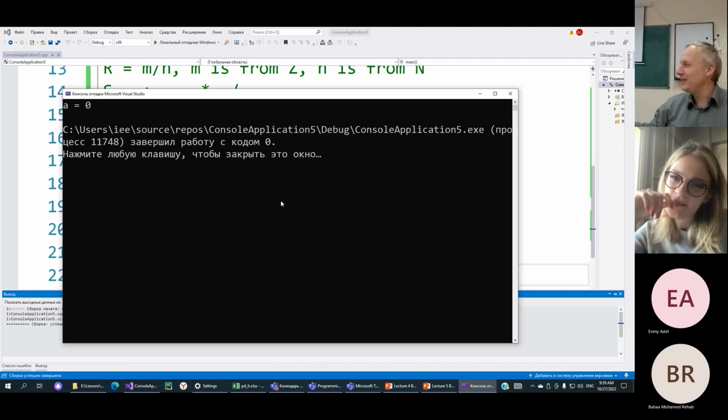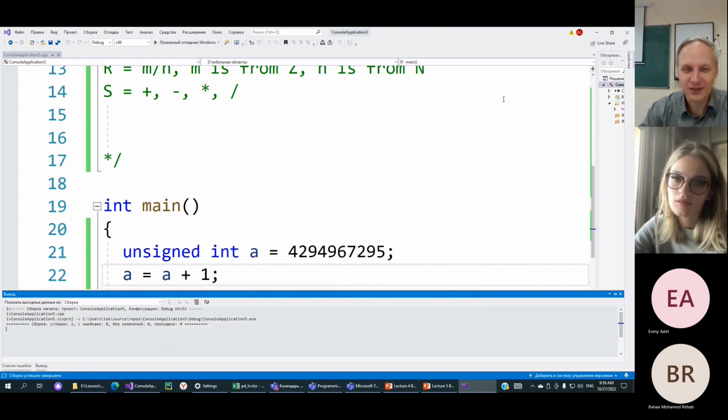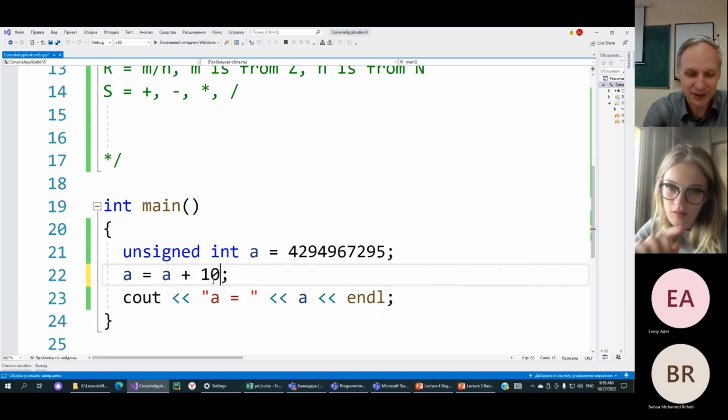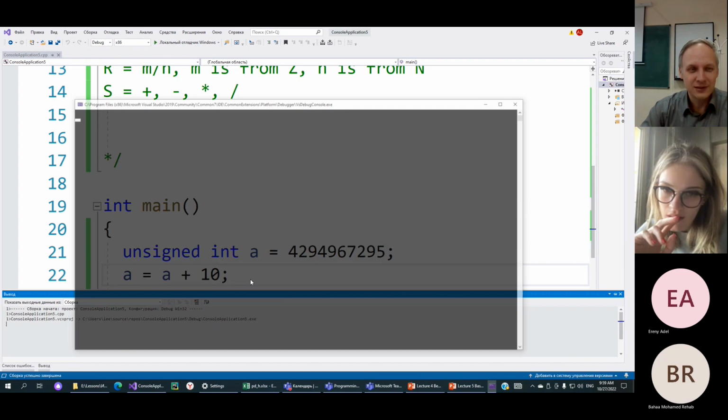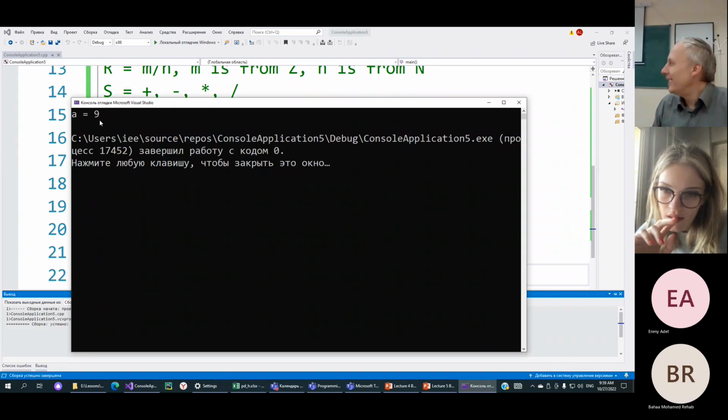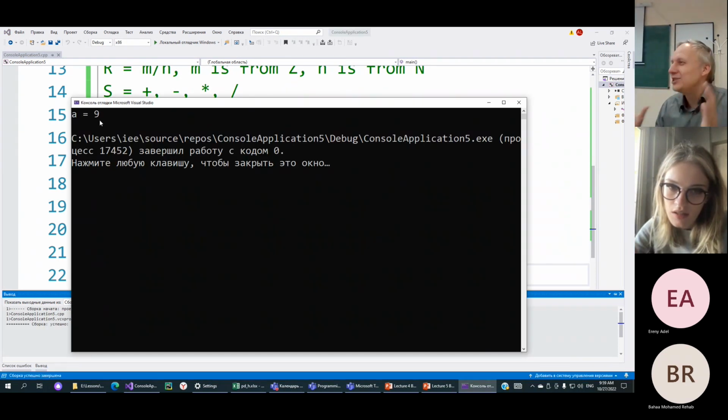The result will be unpredictable because we go out of the range of representation. If I add 10, I don't know the result.